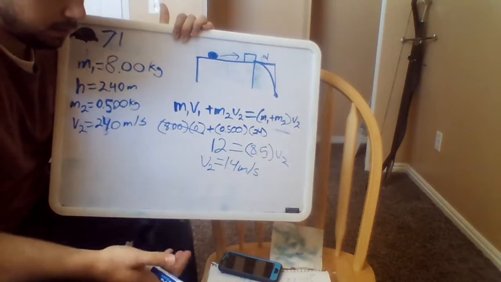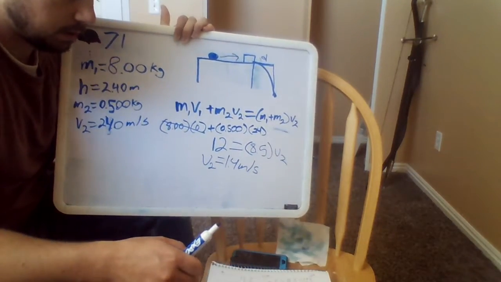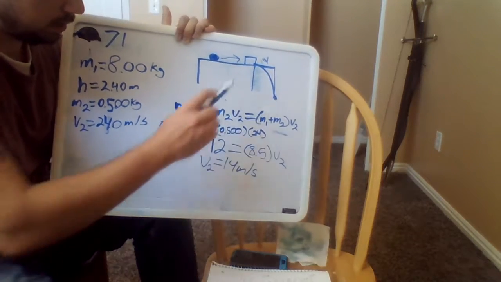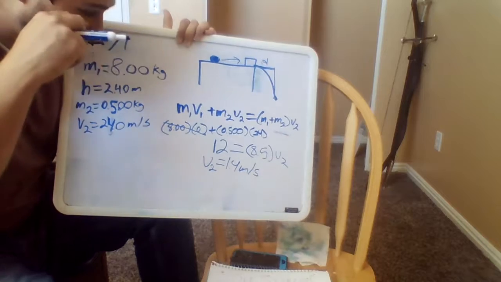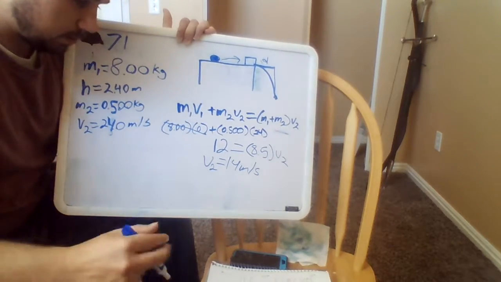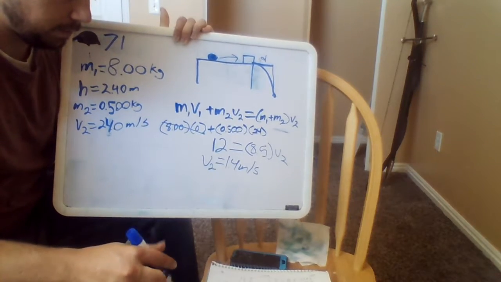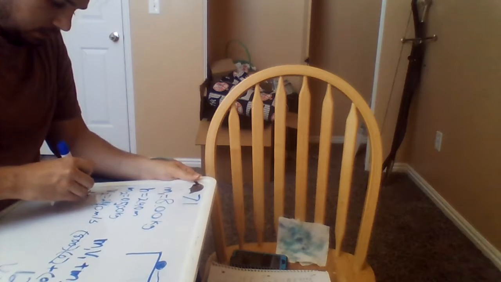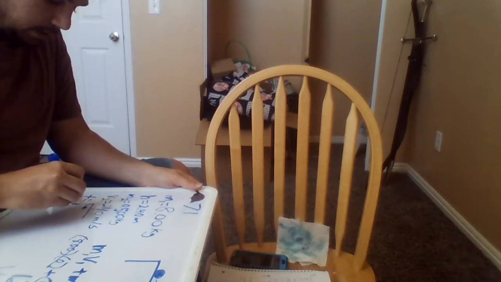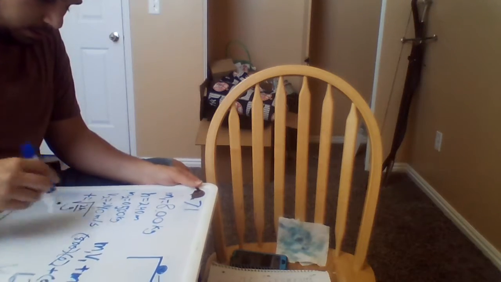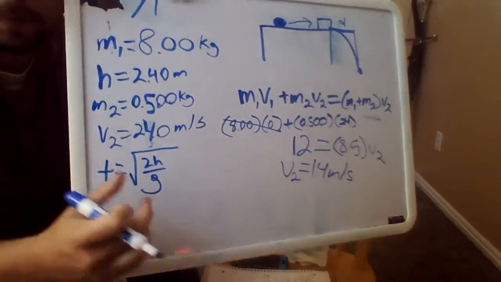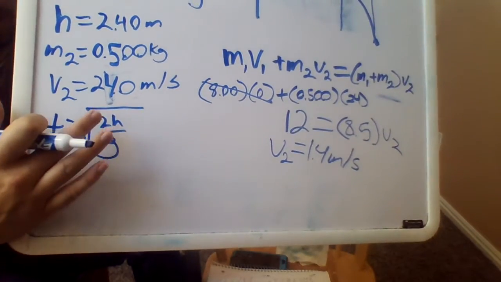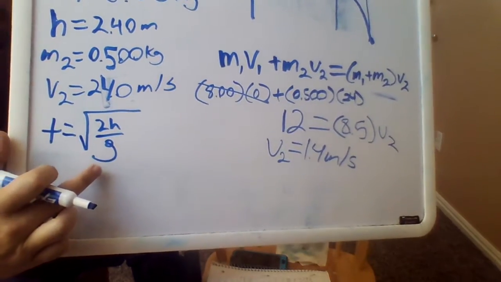And the next thing we need to figure out is the time that they spent traveling. And so that is just going to be the equation for that. To find the time, to find t, the square root of 2 times the height over gravity.